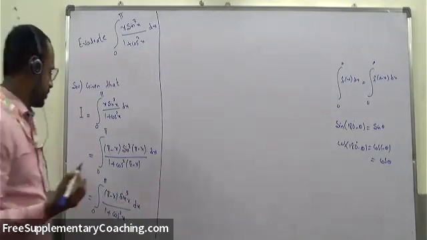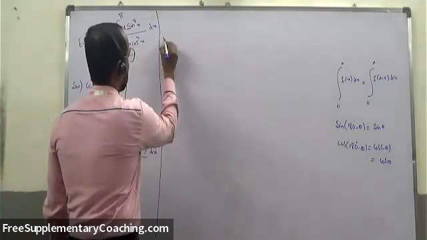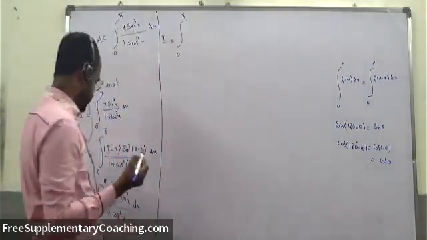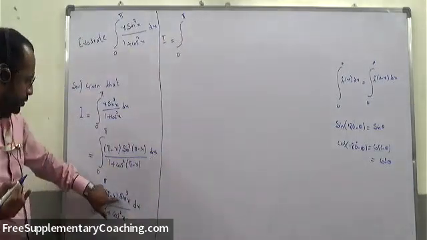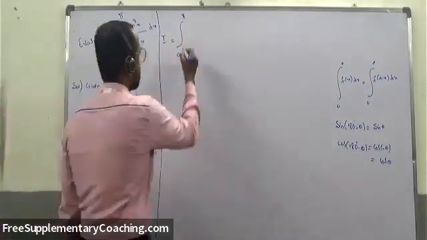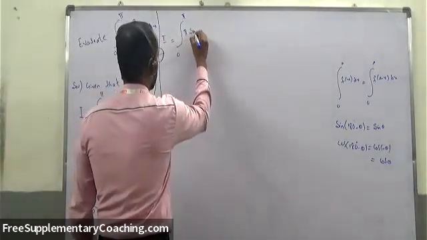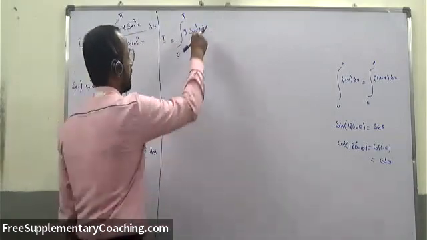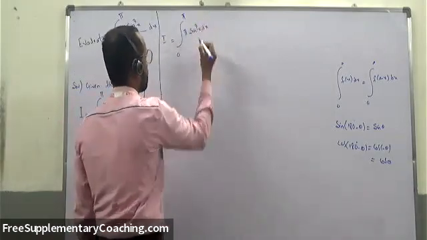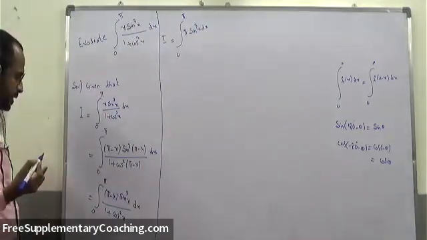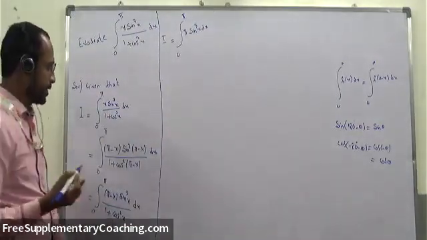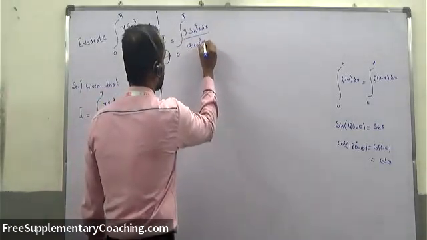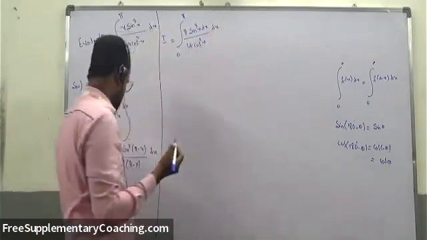What I'm getting: I is equal to 0 to pi, pi sine cube x dx divided by 1 plus cos square x, the first term.